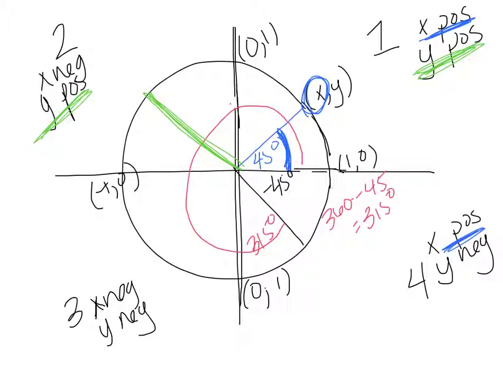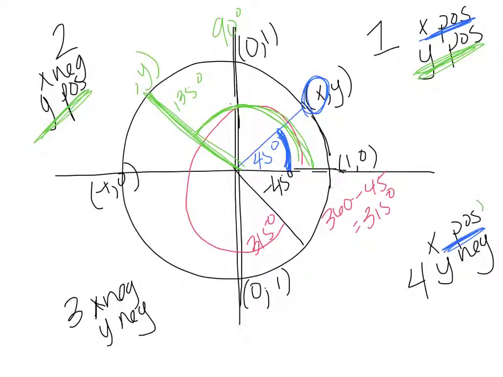How far past the 90-degree mark is that? It's 45 degrees past the 90-degree mark. What's 90 plus 45? 135 degrees. Okay, so that angle in green, 135 degrees, would have the same y value.